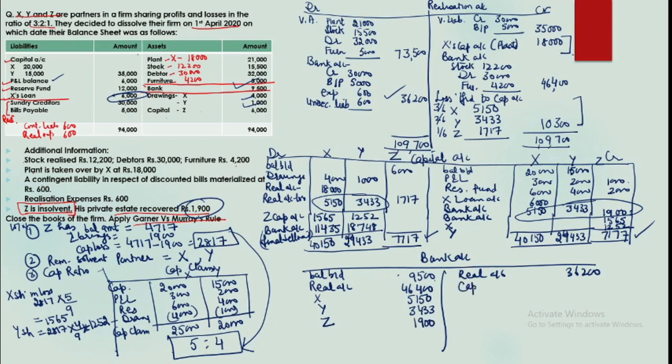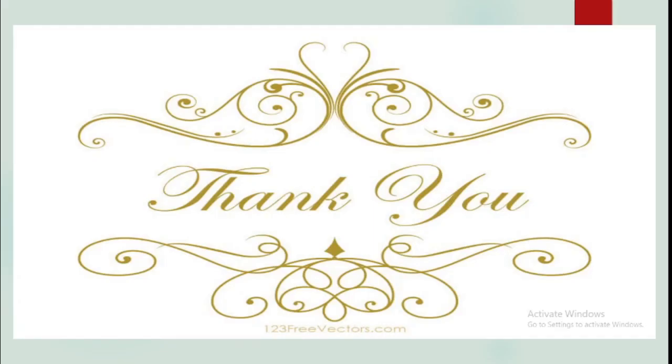On the other side, we'll show the final payments. Okay, so X and Y, 11,435 and 18,748. So you can total up the amounts. All right, so this is how insolvency is worked out in a problem.